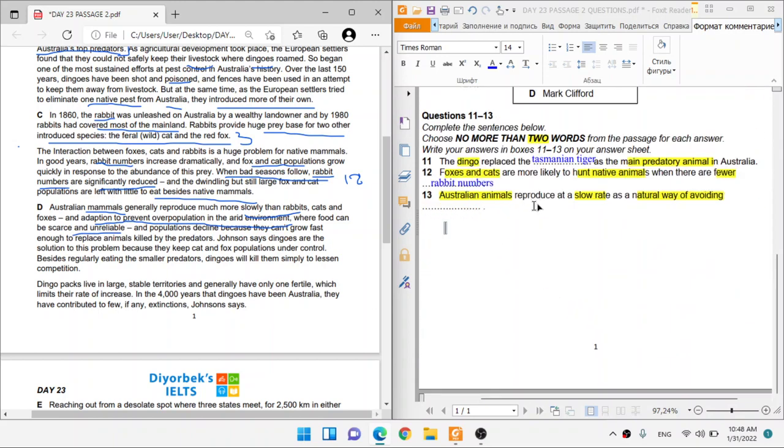So they reproduce at a slow rate as a natural way of avoiding overpopulation. Question 13 is going to be overpopulation.